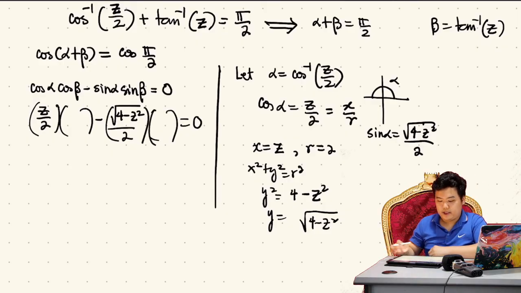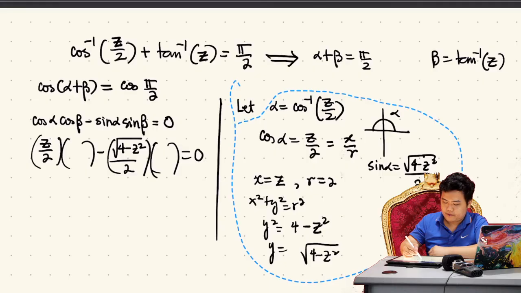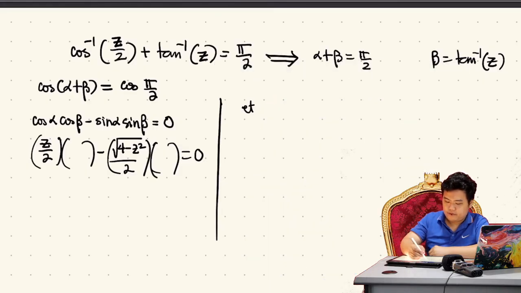Okay. So, okay na yung mga naka-sine alpha. Yung sine alpha tsaka cosine alpha. So, punta na tayo kay beta. Nasaan na si beta? So, ibalik natin si beta.